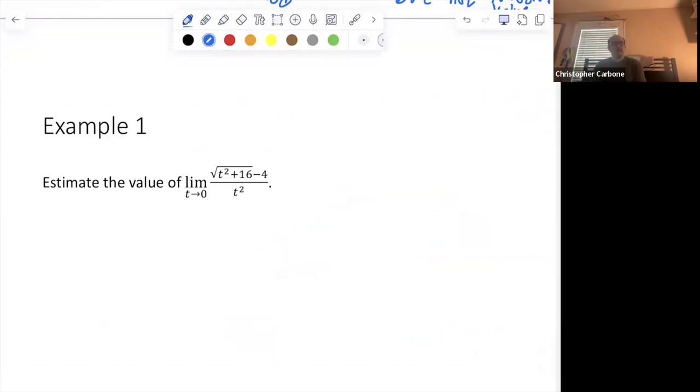So, while we could certainly do it graphically and numerically, let us face it, not necessarily always the easiest to do. So we're going to do this algebraically.